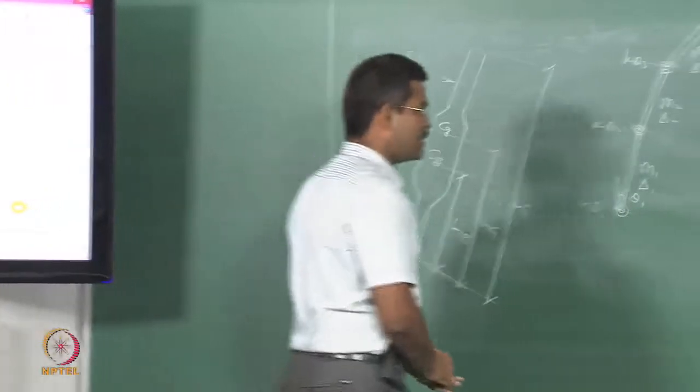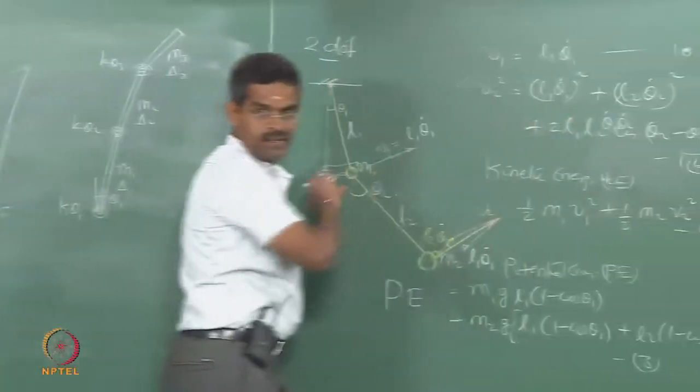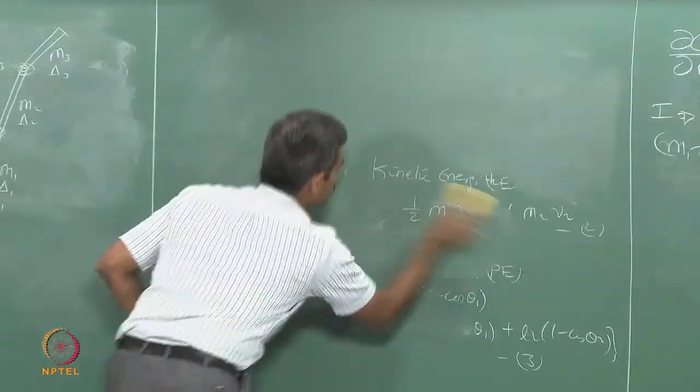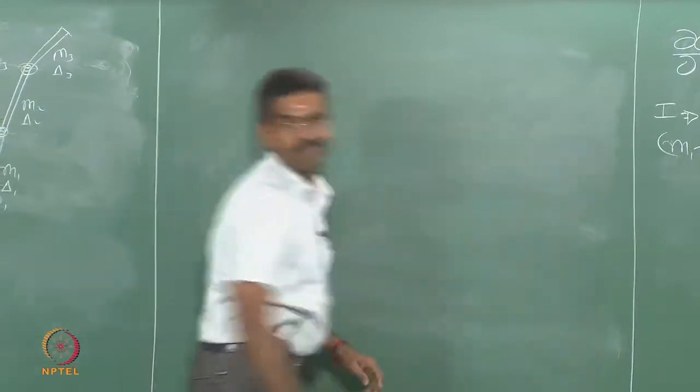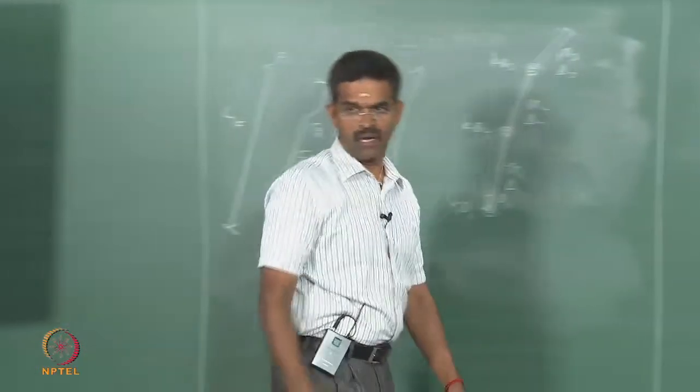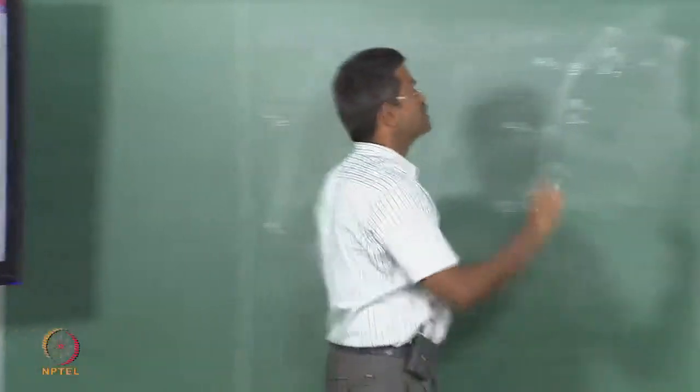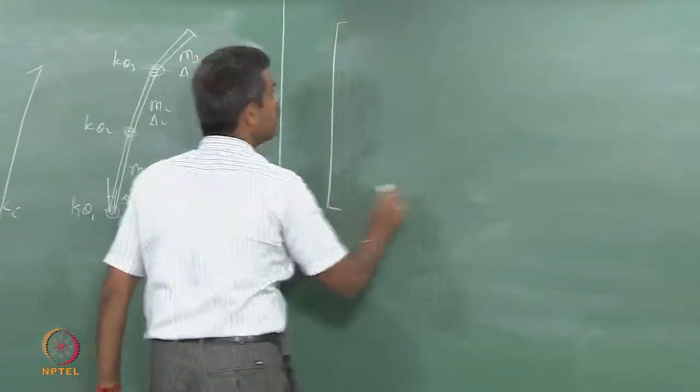Now I want to write a mass matrix copying from there directly, okay, without deriving it. So we all know, being a 3 degree of freedom system, because there are theta 1, theta 2, theta 3 independent rotations, they are not dependent on each other. So the mass matrix will be 3 by 3.